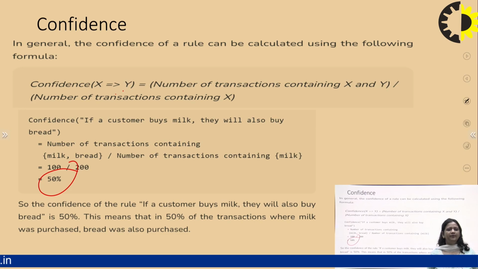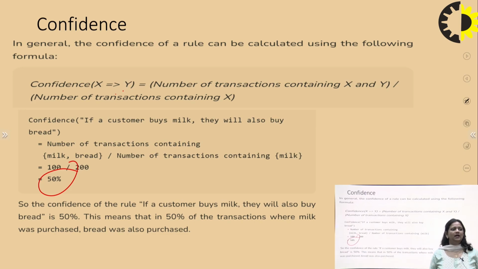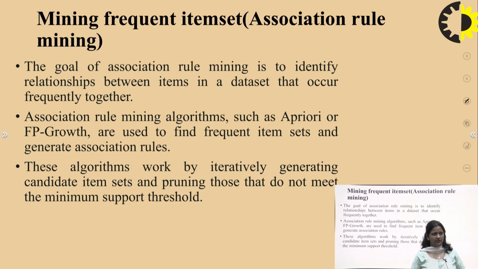This means that in 50% of the transactions where milk was purchased, bread was also purchased.